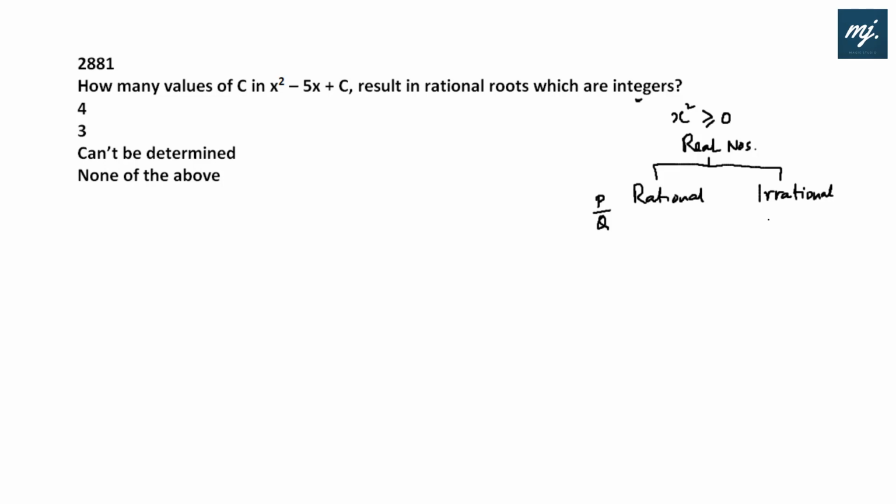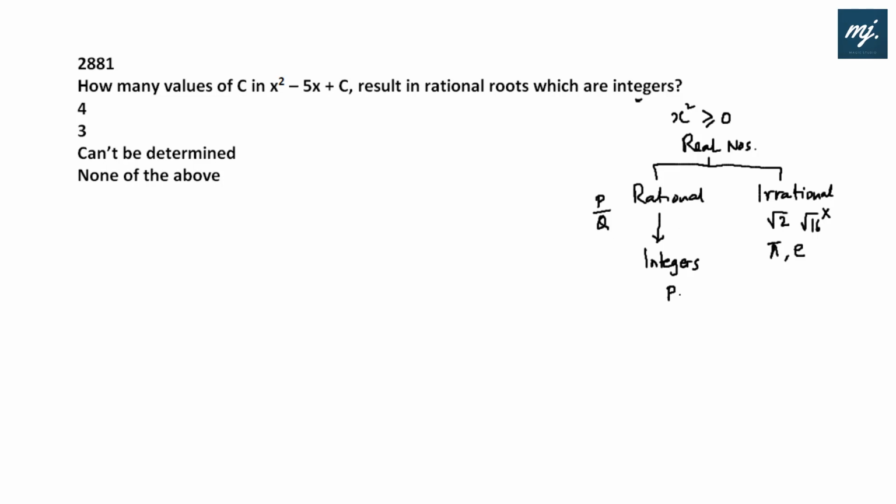Examples of irrational numbers we know: surds like root 2. But root 16 is not irrational, because it is a perfect square of some number. Pi, e, all are irrational. Now in rational numbers we have got integers. When is a rational number called an integer?